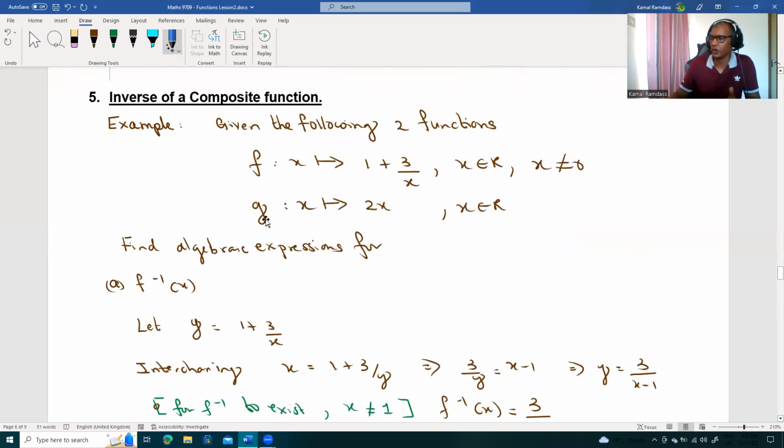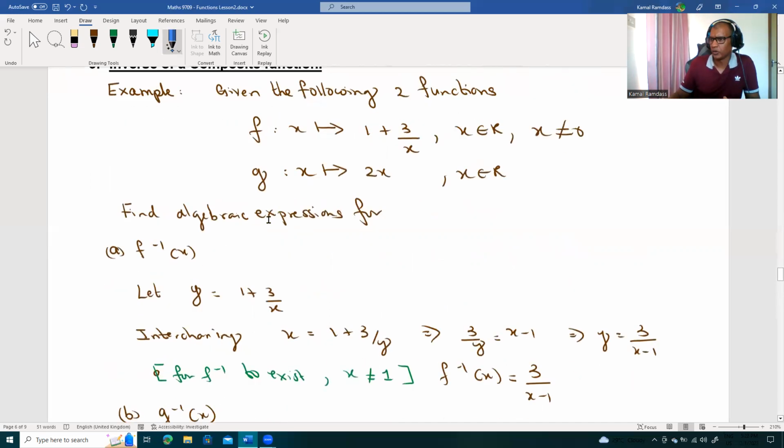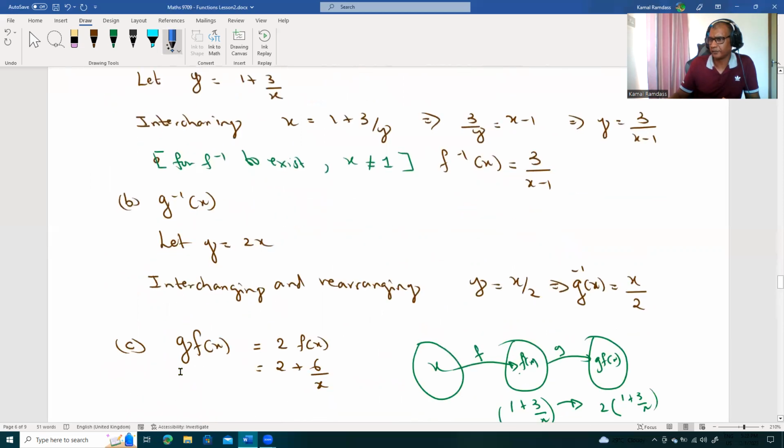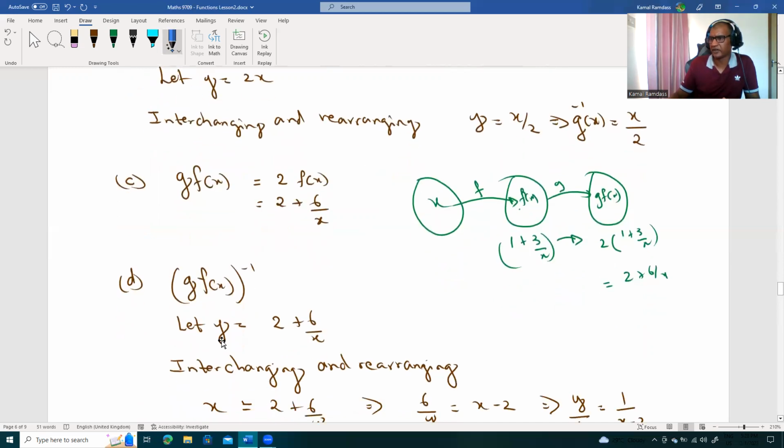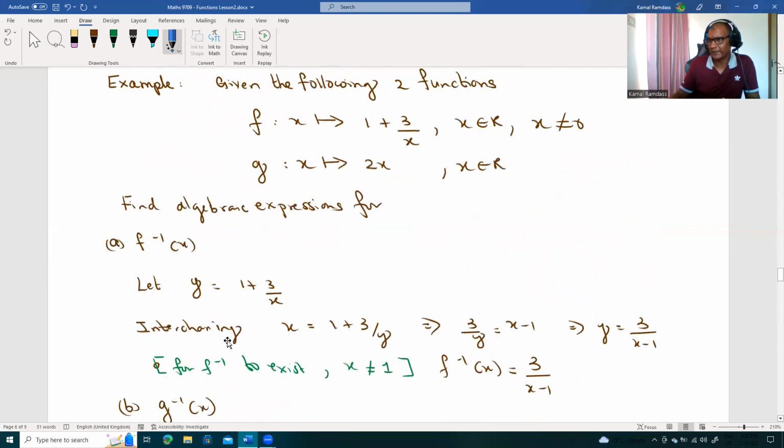What is f inverse? What is g inverse? What is the composition function g of f? And what is the inverse of the composite function g of f? OK? Mais nous retenons ça d'abord.